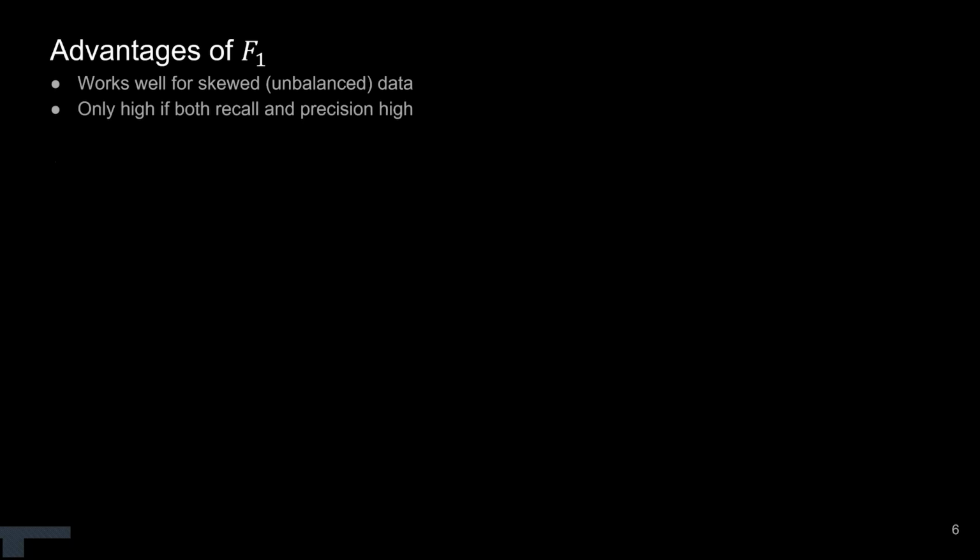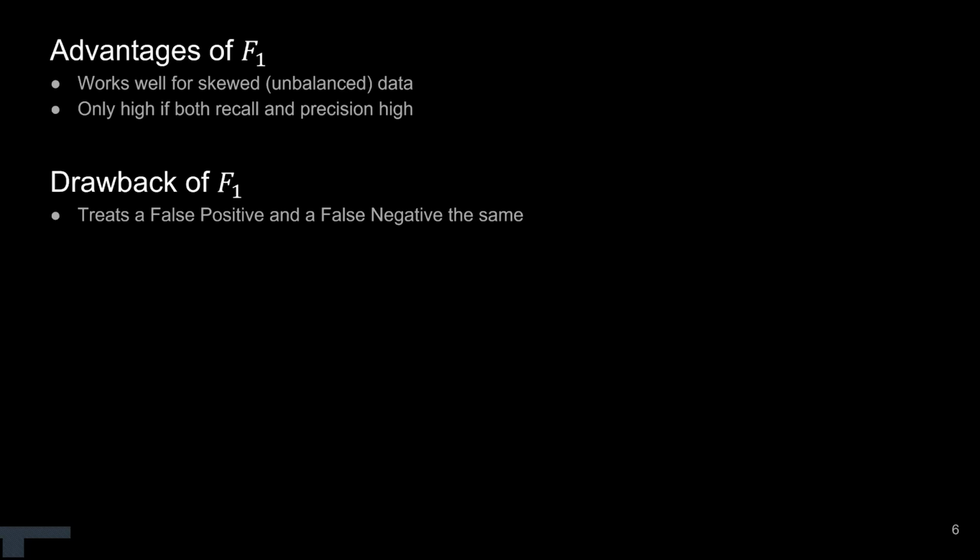It is also only high if both recall and precision are high, because of the nature of the harmonic mean. But it also has this drawback in our context, which is the fact that it treats false positives and false negatives the same.